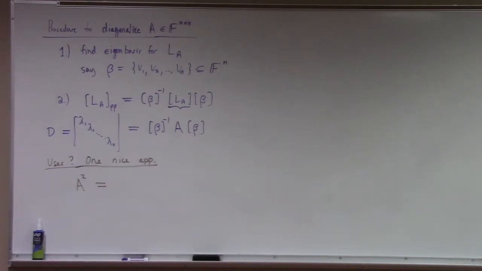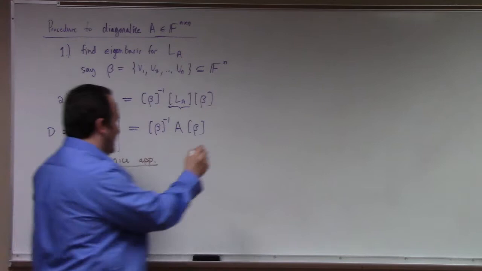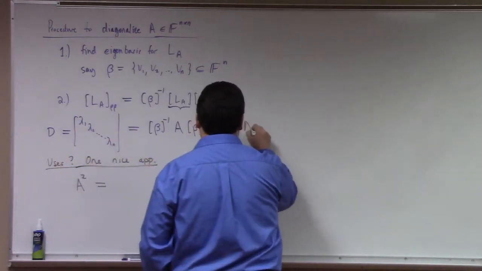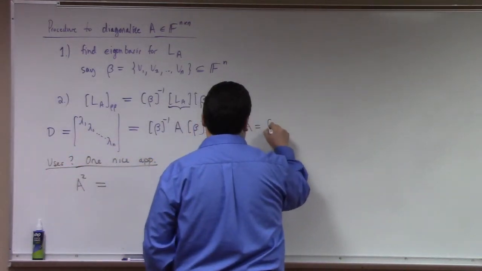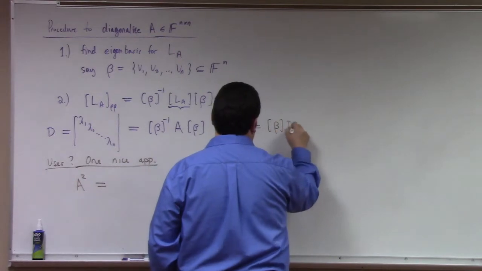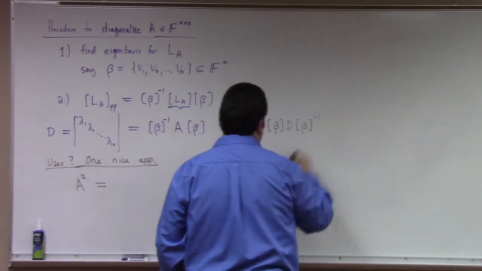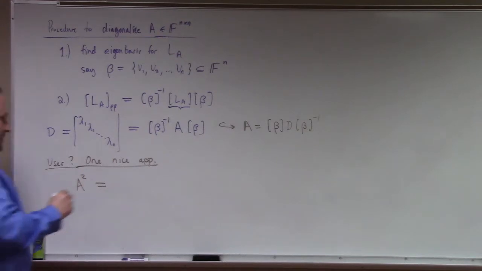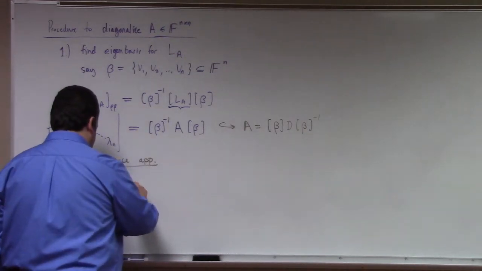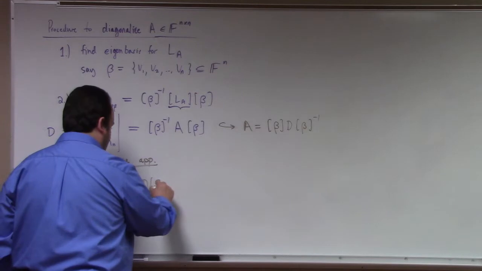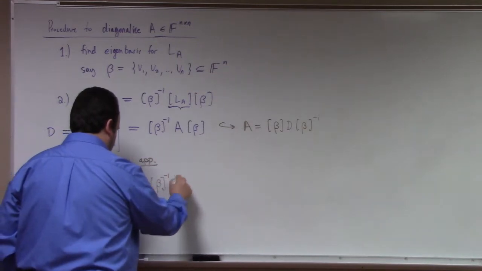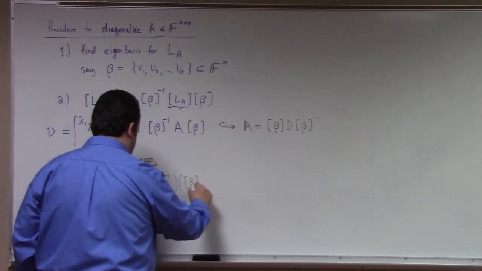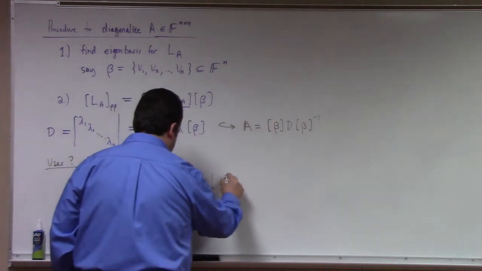Well, let me invite you to think of A as being equal to beta D beta inverse. So A squared is really beta D beta inverse times beta D beta inverse.